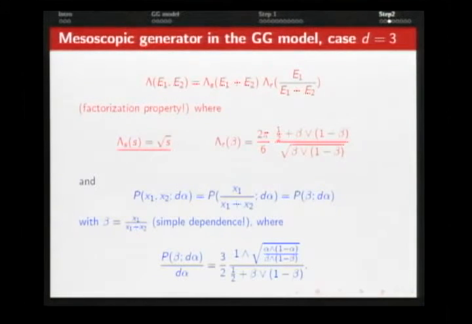There was a factor which depended on the sum of the two energies, the square root of the sum of the two energies, and also a factor which depended on the partition of energy between the two particles, not so interesting. And since here they had the square root of s, this is why in the hydrodynamic limit one obtains a constant times the square root of t for the coefficient of heat conductivity.